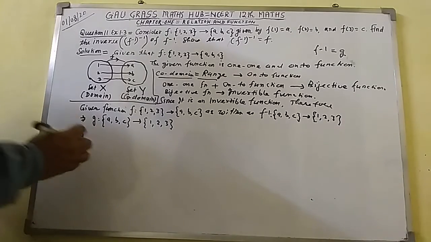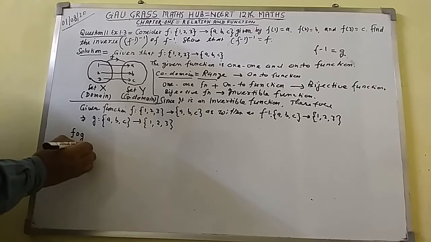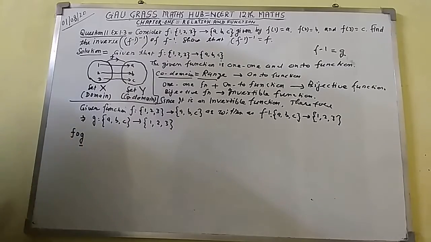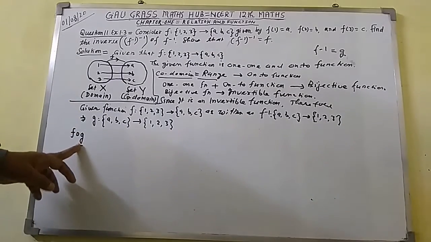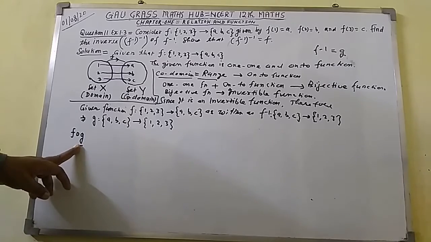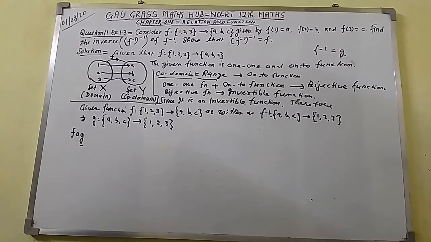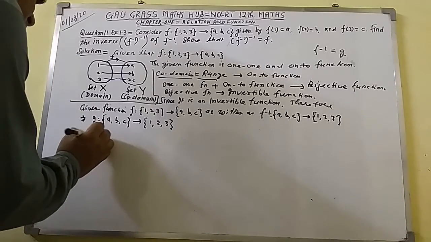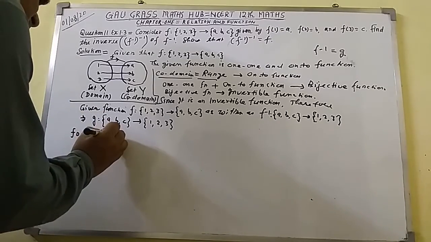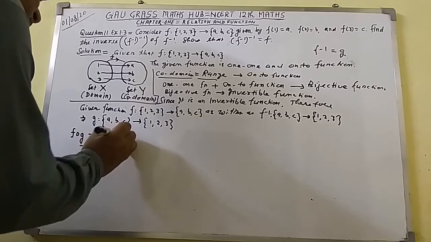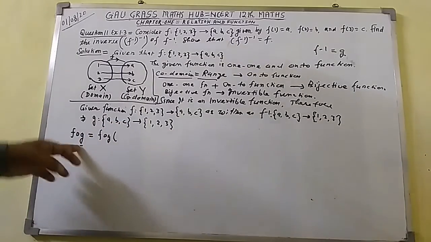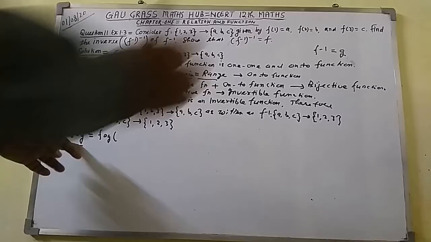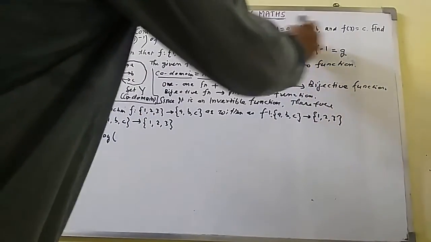So here you can see in F of G, in FoG, the last letter is G. So what will we do here? This can be written as FoG, where the last letter is G. You always know the formula.